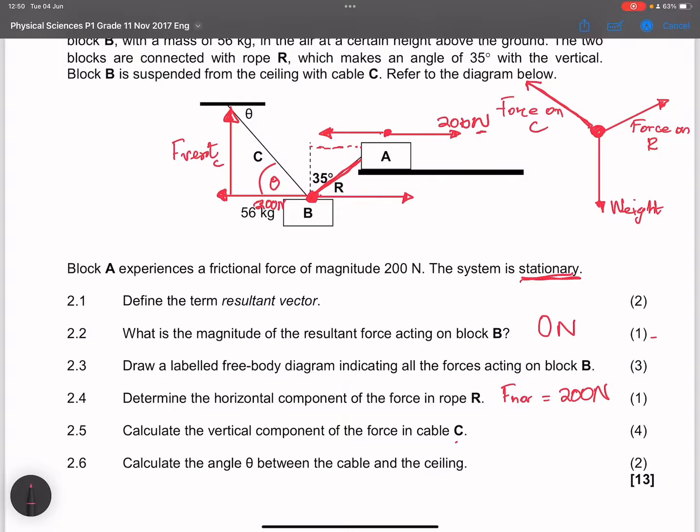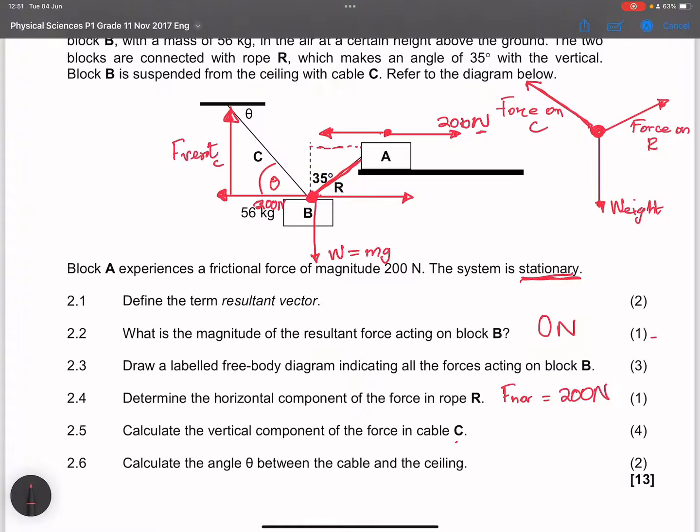Let's start firstly. I know that the force on B, the weight of the block, is mass times gravitational acceleration. So this is going to be the weight.